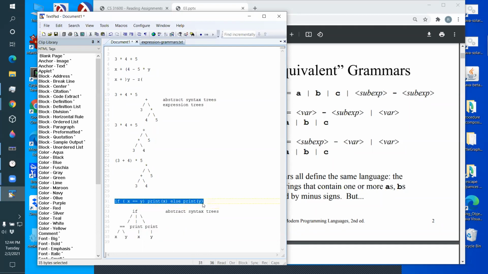They take statements in your language and turn them into trees, and the grammar is what directs the conversion from this to this. It's the grammar that lies at the heart of how to go from this string. One way to think about it is these are all strings, and this is a tree data structure. So we want to convert strings to tree data structures.